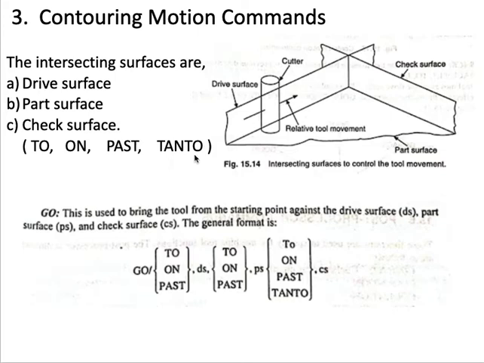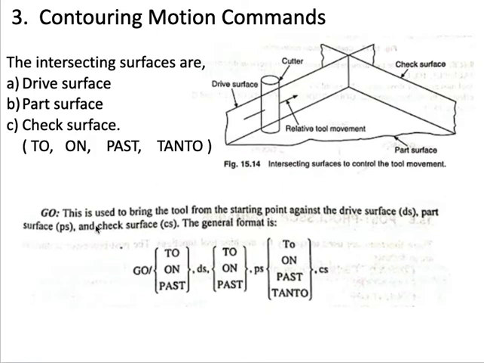And TANTO moves the tool to the point of tangency between two surfaces, at least one of which is circular.